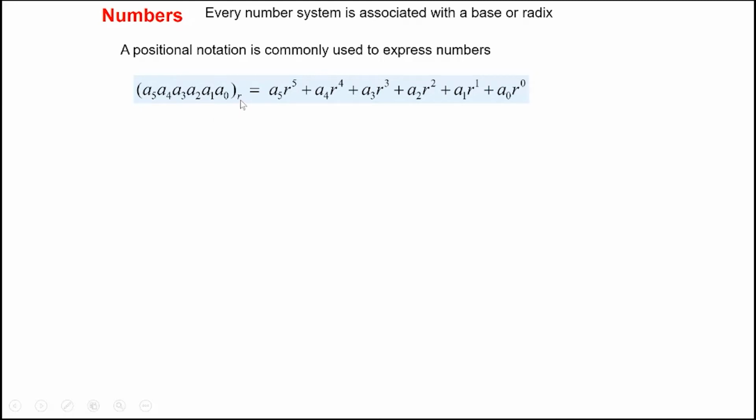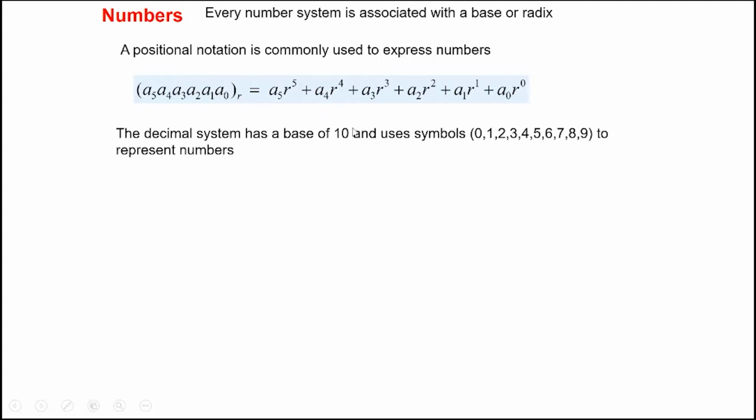And if the base is R here, then the value of that particular number is, because the first digit carries a weight of R to the power 0, the second one carries R to the power 1, and so on and so forth, R to the power 5 here. And we're all familiar with the decimal system where R is 10. And the possible values that A0, A1, A2, up to A5 can take are from 0 to 9. So that's a decimal system with a base 10.